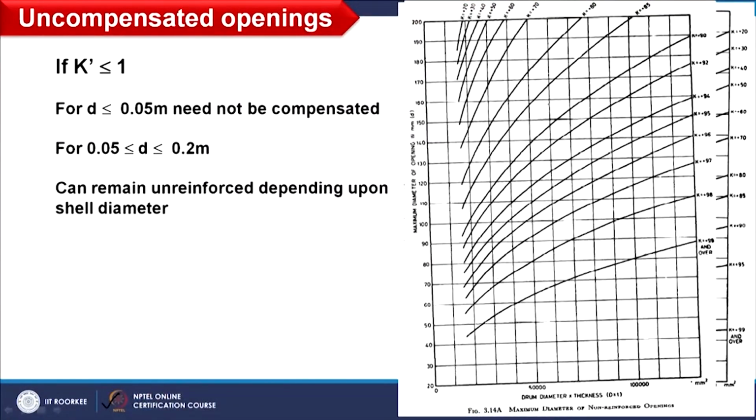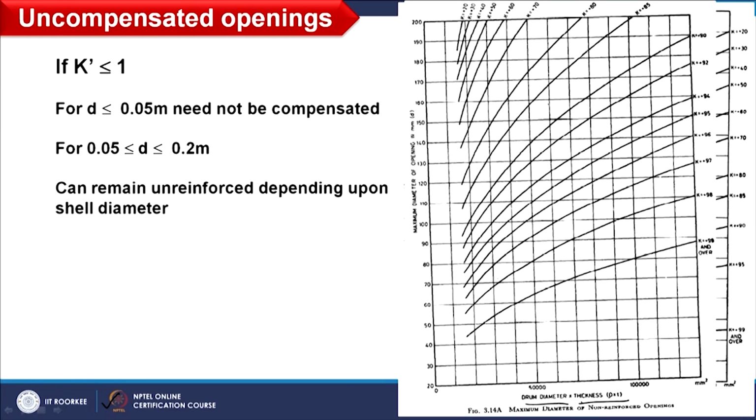Reinforcement is based on the diameter of the component where the opening is made. For example, if I am preparing an opening in a shell, it would be the drum diameter into the standard thickness.